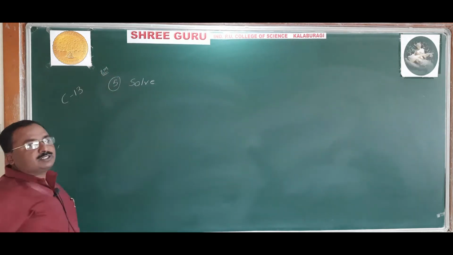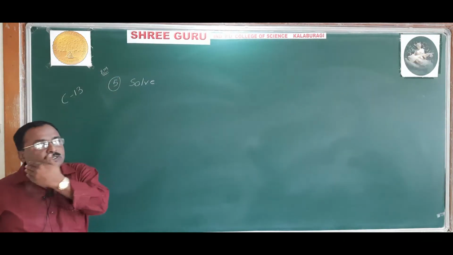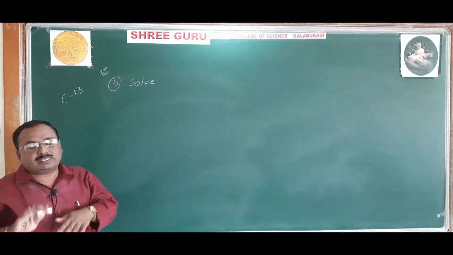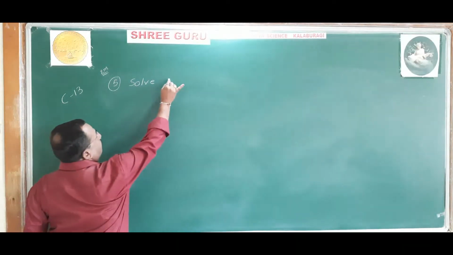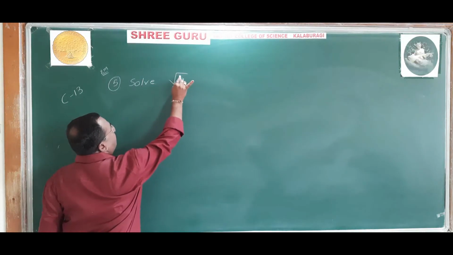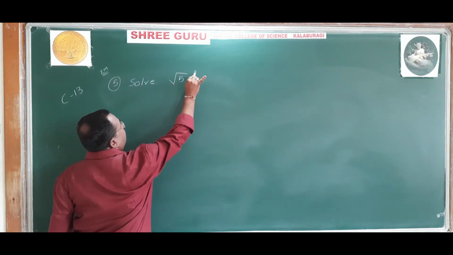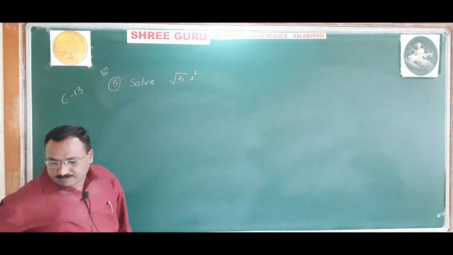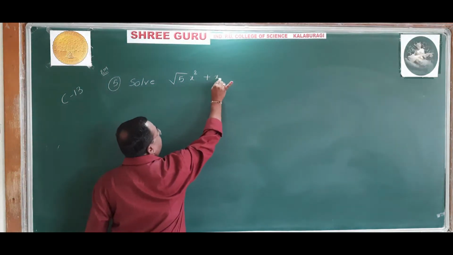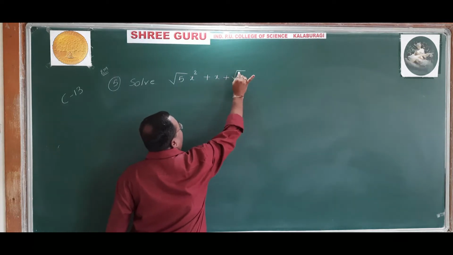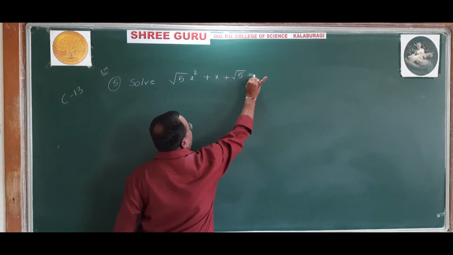All quadratic equation, 2 marks, one question is fixed. All solve examples. That is root 5 x square plus x plus root 5 is equal to 0.